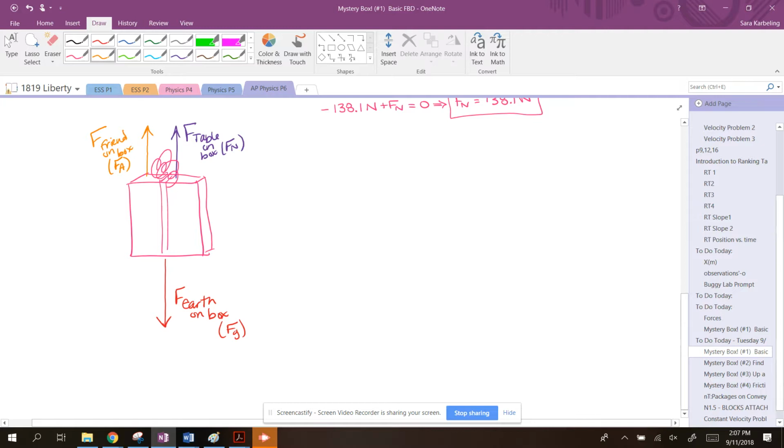Let's write down our F net equation. F net. The forces that are acting, we've got FG, we've got FA, and we've got FN. What's FG? Force of the earth on the object.